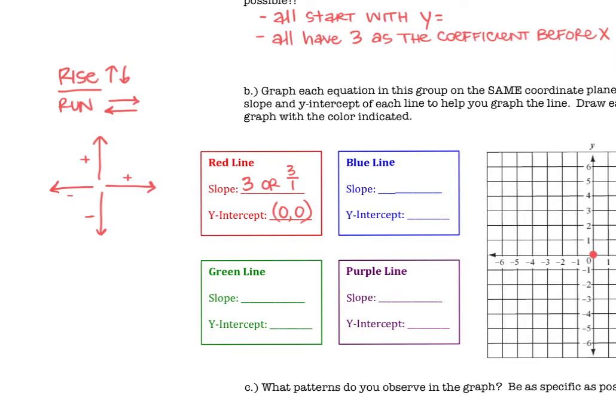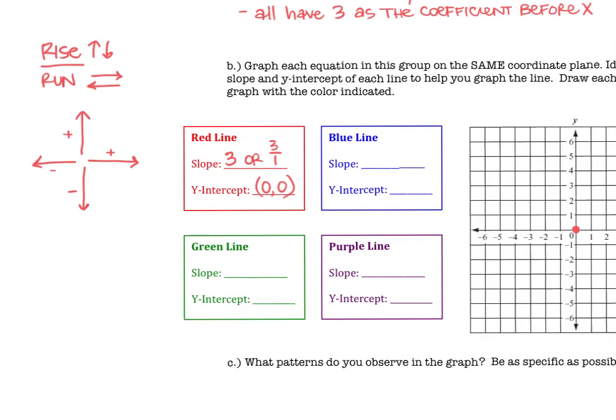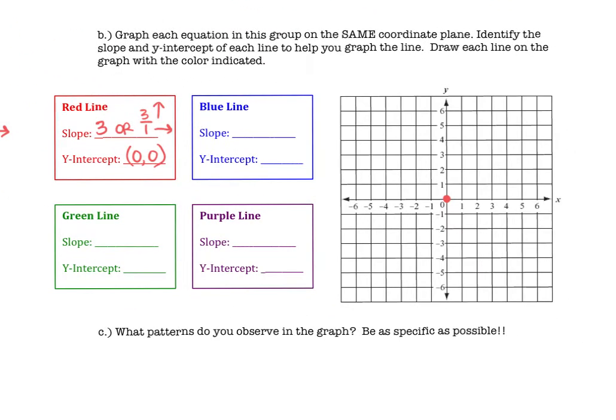So I need to keep all those things in mind when I count the slope. So this is 3 over 1. So since the 3 is positive, I'm going to count up 3. And the 1 is positive as well, so I'm counting right 1. So I'm going to go up 1, 2, 3, right 1, and plot a point.